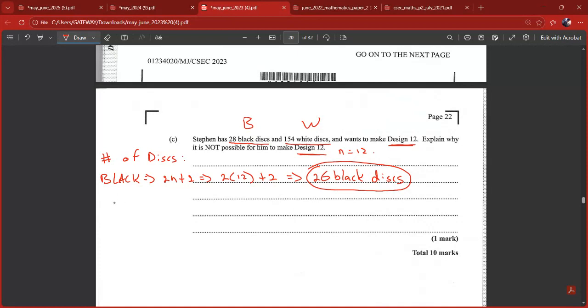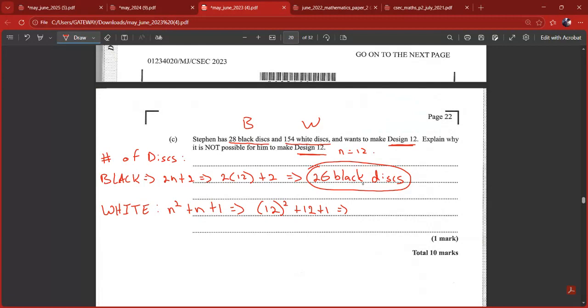Now let's check the white discs. The formula for that would have been n squared plus n plus 1. So now you're replacing n with 12, so you're going to get 12 squared plus 12 plus 1.